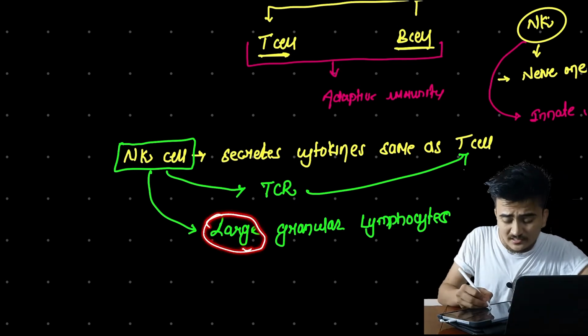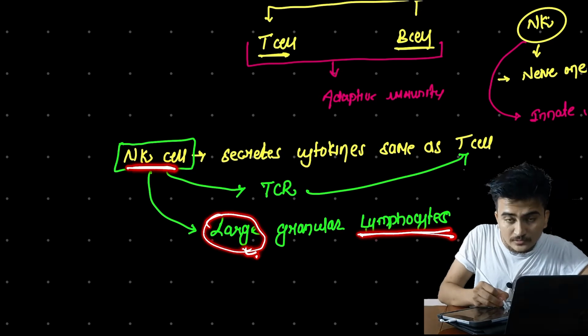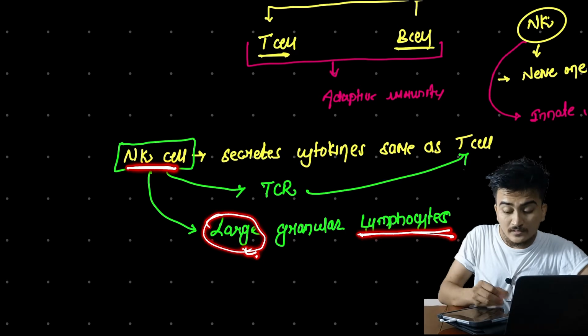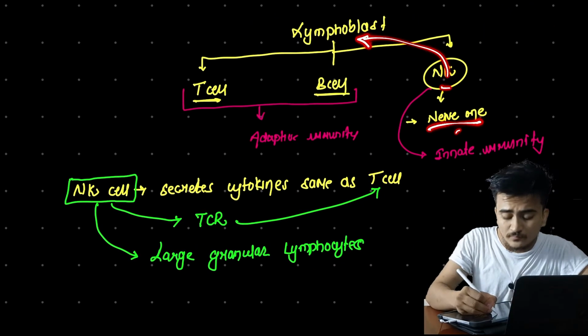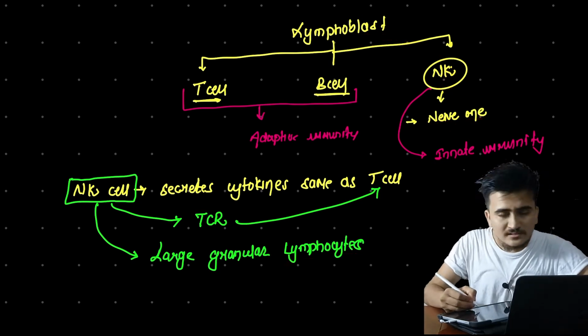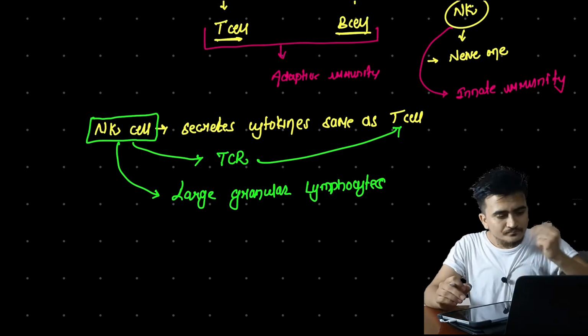Because they were larger in size, and we said that NK cells are naive in nature, or don't change their form. Naive means they are like lymphoblasts, so they are like lymphocytes. We can get this point through that concept also.